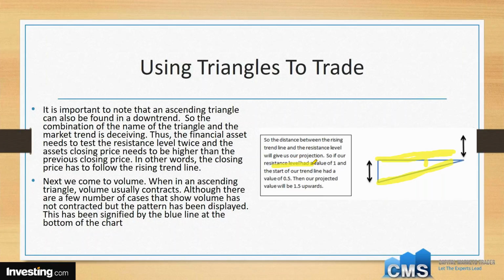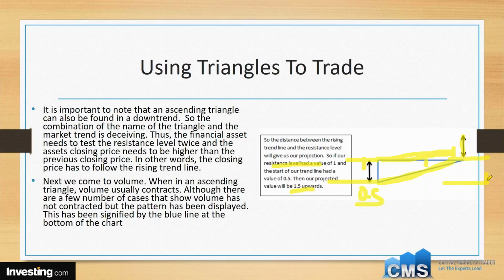So if our resistance level had a value of 1, and the start of our trend line had a value of 0.5, then our upward projected value would be 1.5. In other words, if price broke out on an upward motion, we would expect it to move 1.5 or whatever. Now, that's not a multiplication factor. It's really just a difference in the price of the asset on the chart that you're looking at.